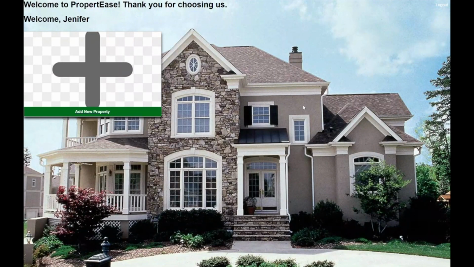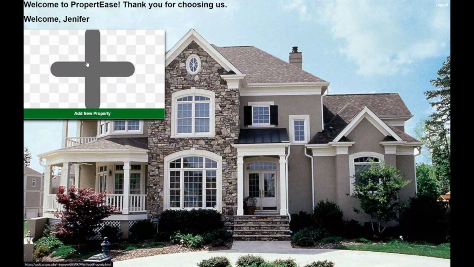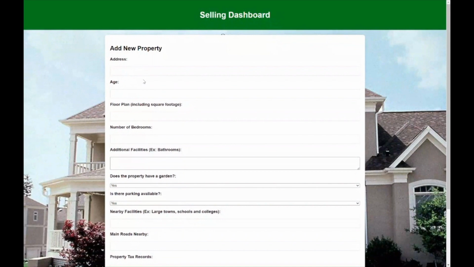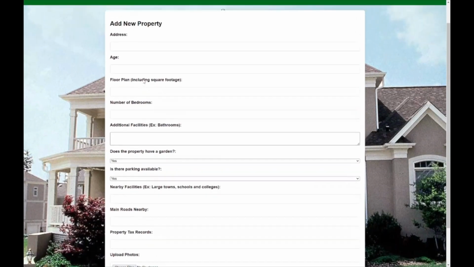Since we created a new account, we don't have any property listed. So we have a blank screen with a card that has a plus sign that allows us to add a new property. If we click on this card, we are going to add a new property.